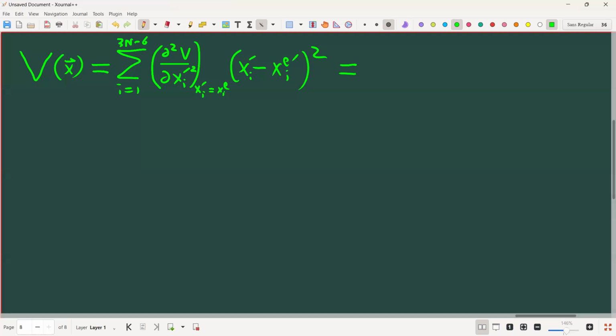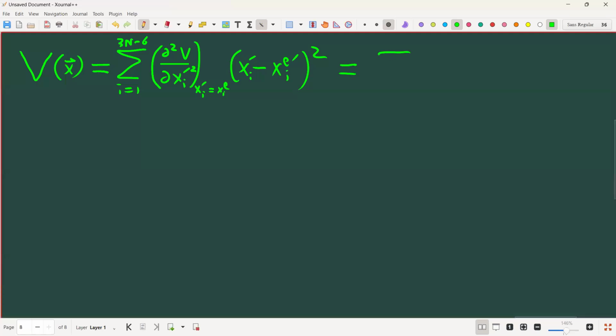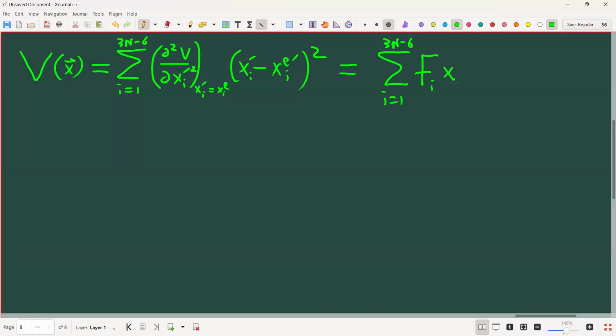And I can write this very simply as the sum from i equals 1 to 3n minus 6 of f sub i times x sub i squared. Oh, sorry, I forgot a factor of 1/2.